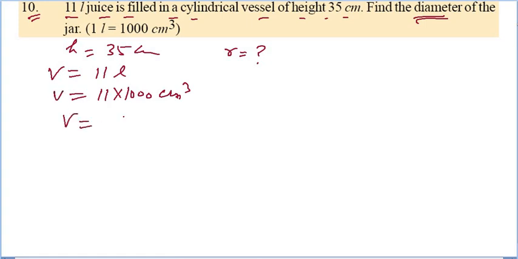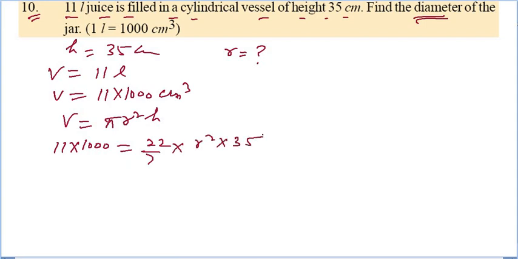As you know, volume formula is pi r square h. That is the cylinder. So volume of cylinder is pi r square h. So volume V is given as 11 into 1000. Pi is 22 upon 7 and r we want to find, and h is 35 centimeters.